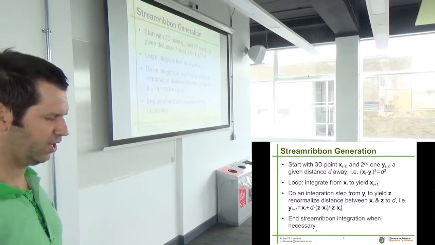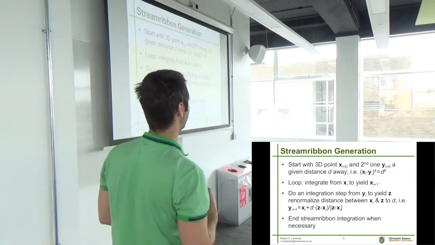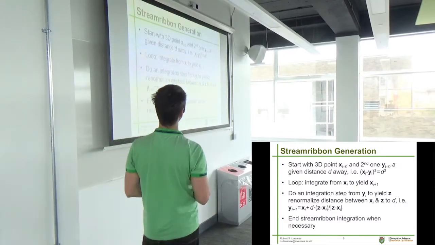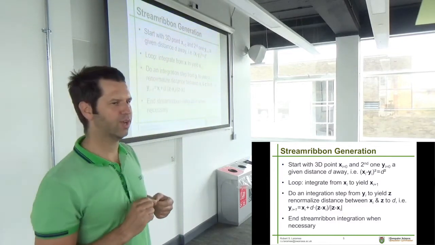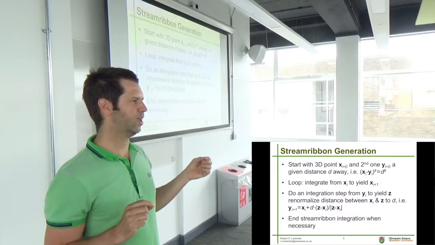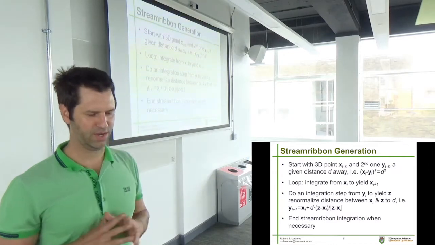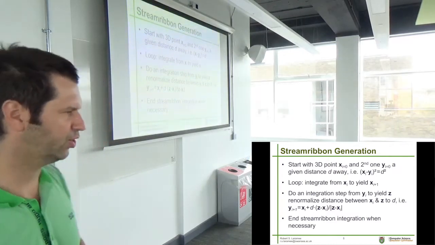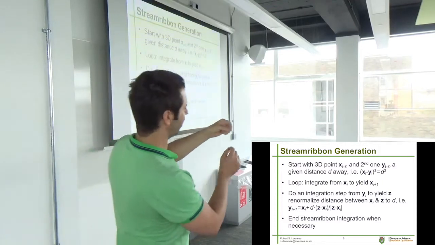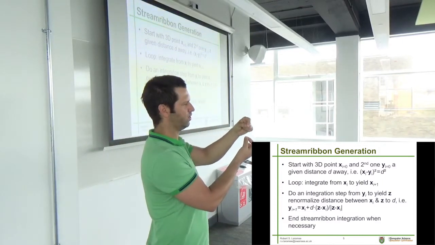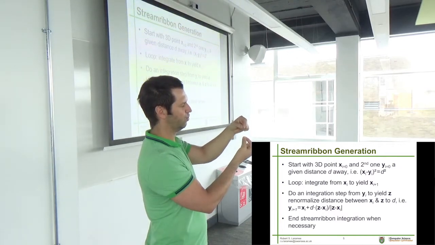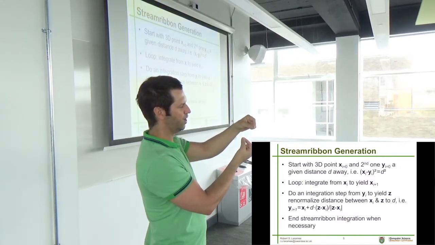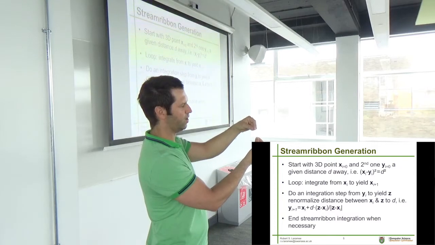And here is just a quick summary of one way to construct stream ribbons. So you start with a single seed point, and you integrate a streamline the same way you would without any other special knowledge. And then you choose another seed point that's a fixed distance away from the first one. And you integrate the first streamline, and you then integrate the second streamline.